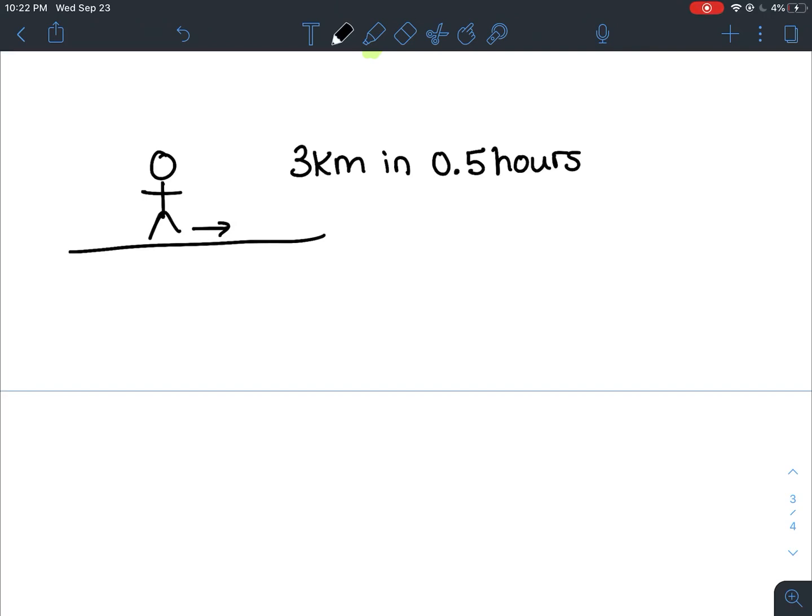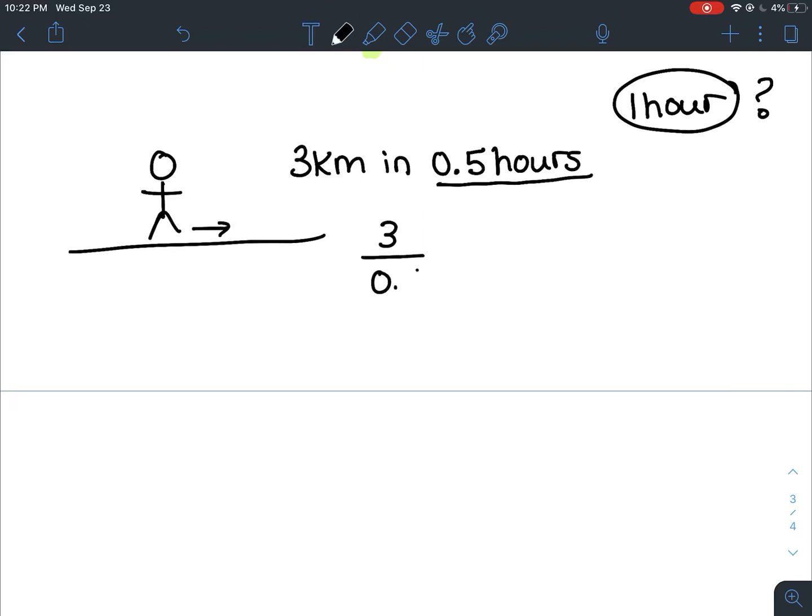So in order to turn this into a unit rate, we need this number to actually be a 1. We want to know how far you can walk in 1 hour. So if you think about it, you are walking 3 kilometers in 30 minutes or 0.5 hours. How far will you walk in 1 hour? You can do the same method we just talked about.